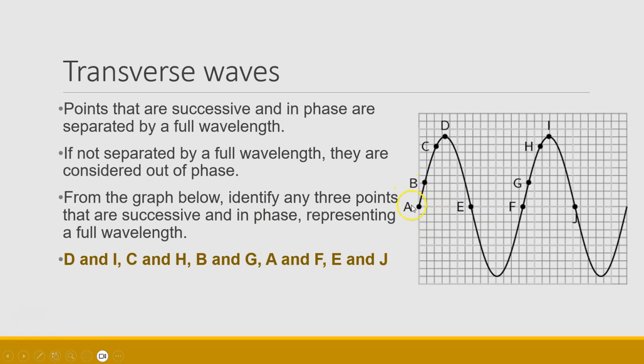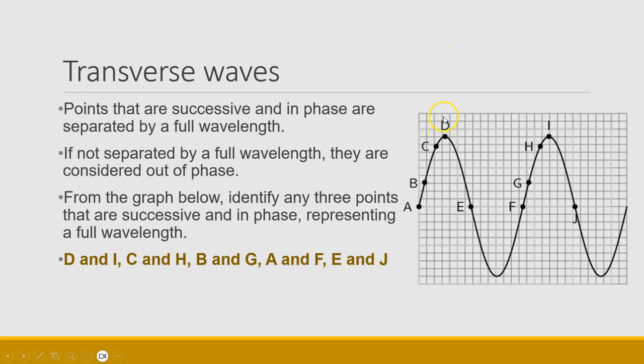If I look at point A to E, they're out of phase because they don't represent a full wavelength, but actually this distance over here would represent half a wavelength. We're going to come across past paper questions where this will become apparent.